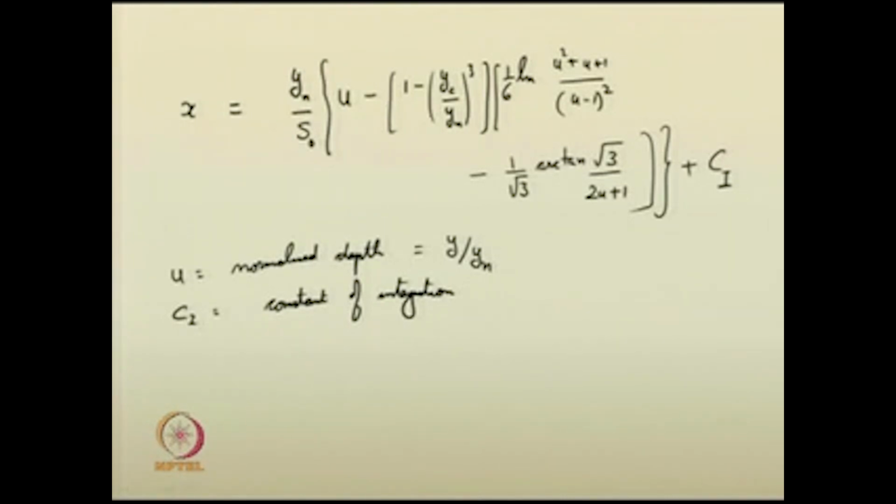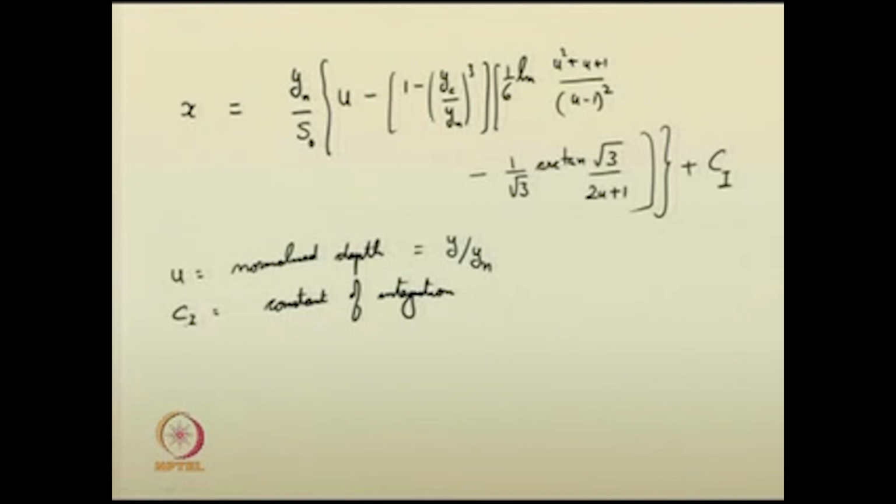So, this is the solution for the gradually varied flow profile. From this you can easily determine the horizontal length of the profile, or the horizontal location for a particular depth, what is the corresponding horizontal distance, that can also be identified from this equation.